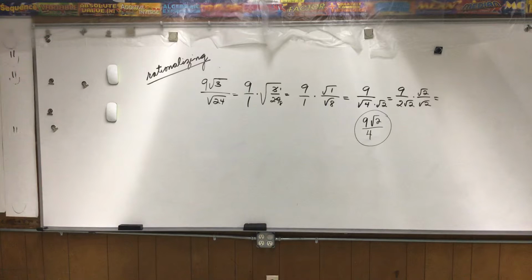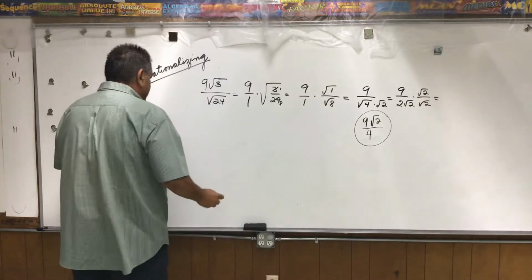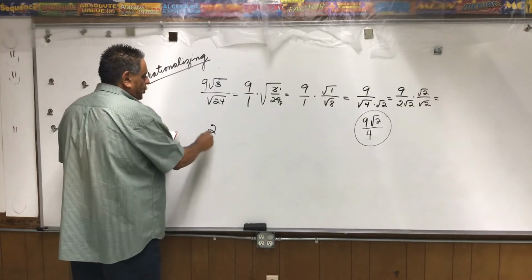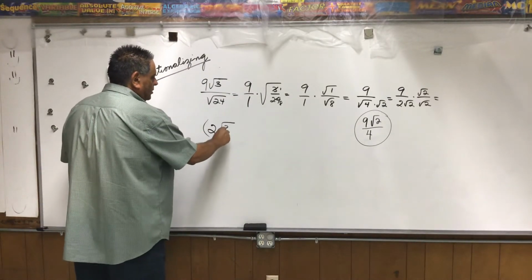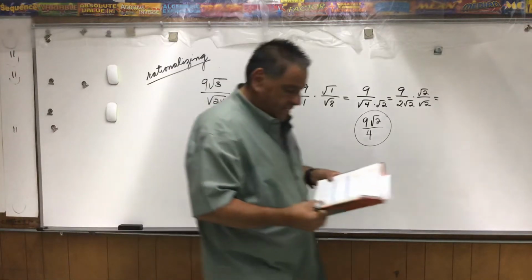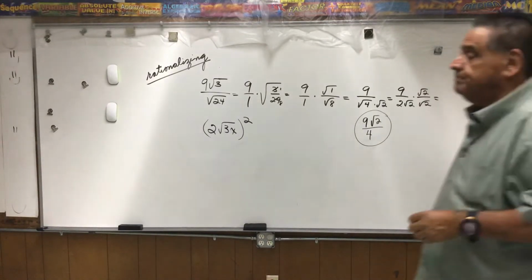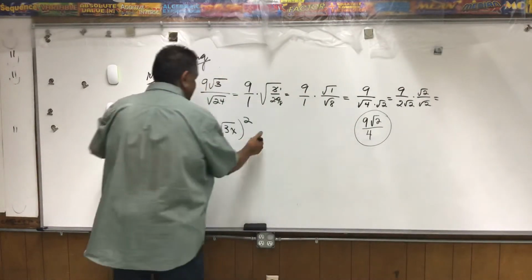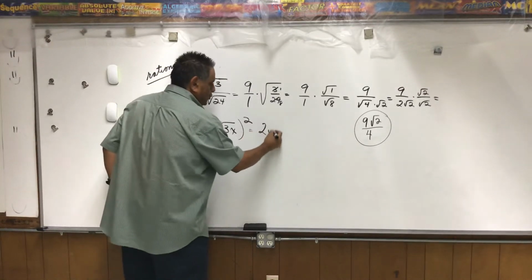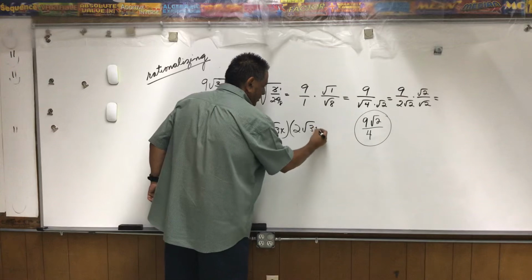All right. We did talk about multiplying. You're going to have some more multiplications today. So if I gave you something like this, 2 radical 3x quantity squared. All right? So that means this. 2 radical 3x times 2 radical 3x.